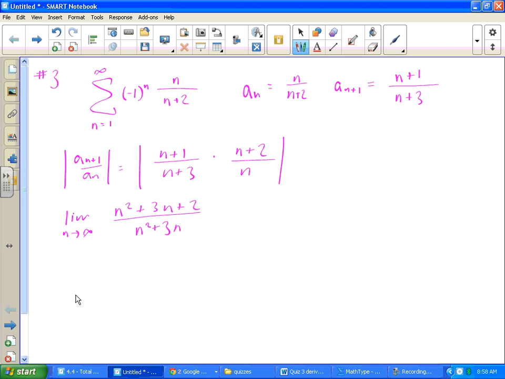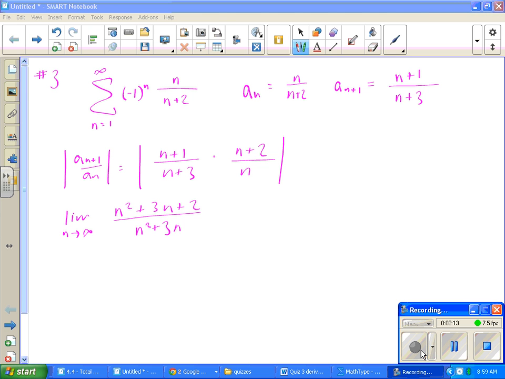Or if it does not equal 0. Yeah, I was looking at the test for divergence and saying if I take the limit as n goes to infinity, the absolute value of that, it would be 1. But just because it's absolutely divergent doesn't mean it would be divergent. That's only for convergence.